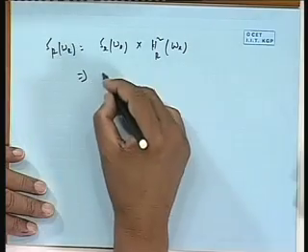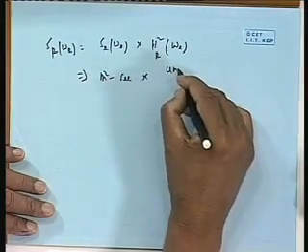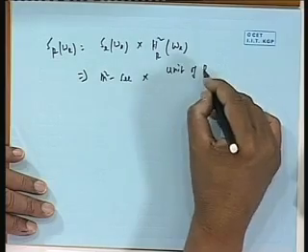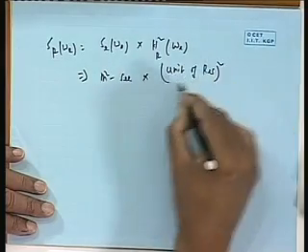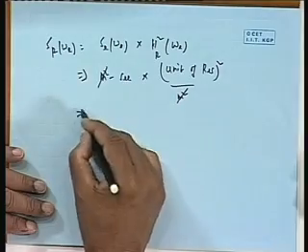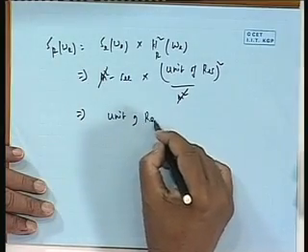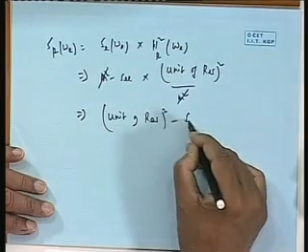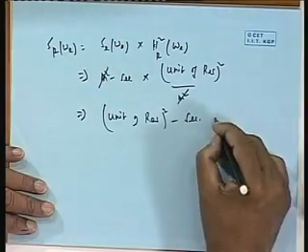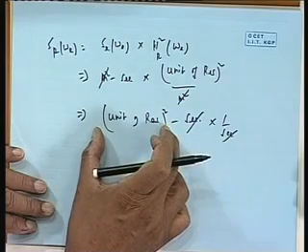This is the unit of meter square second, into the unit of response square by meter square. If this gets cancelled, this becomes the unit of response square into second. So the integration becomes multiplied by 1 by second, and m0 becomes the unit of response square.